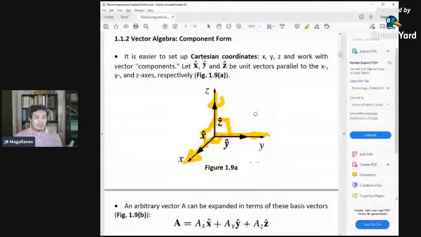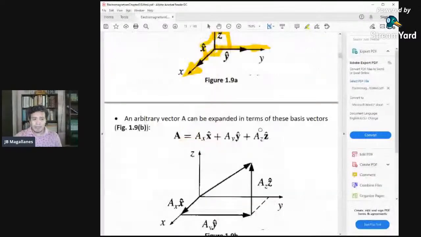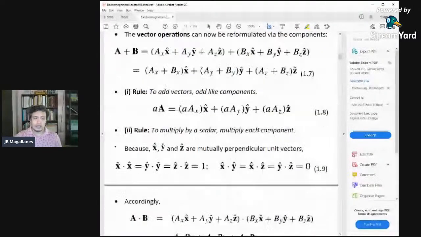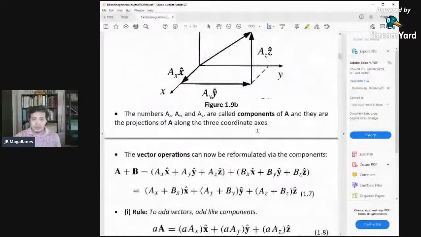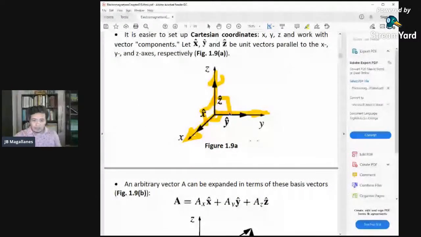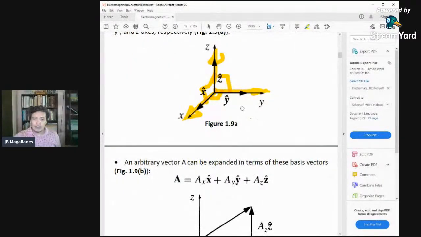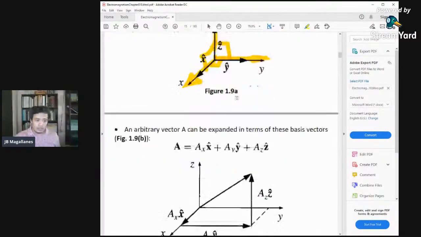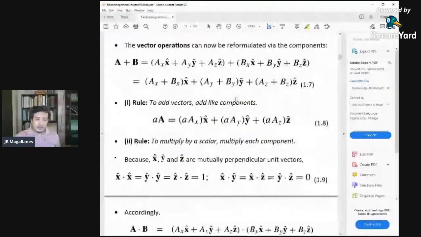The cosine of 90 is equal to what? They're perpendicular, so it should be equal to 0. Here, you can write a vector in terms of the unit vectors. A unit vector has magnitude equal to 1, and the directions are constant.